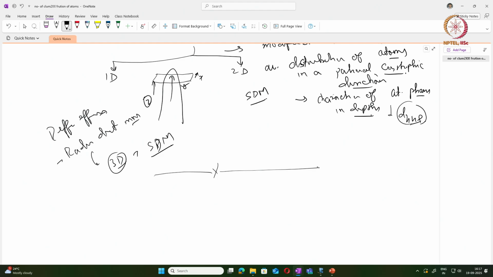And in the last few classes, maybe 2 or 3 classes, I will go through the application of these three techniques in a correlative way. So we will cover some correlative microscopy by giving real examples, and how these microscopy techniques can be used to identify the mechanisms or the problems in the material. Okay, thank you.